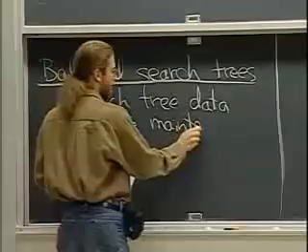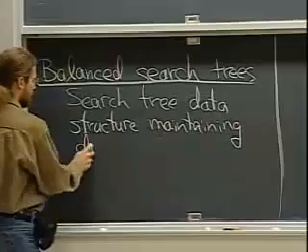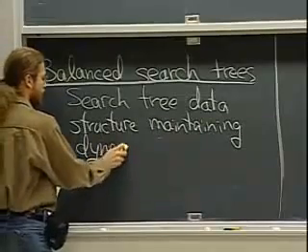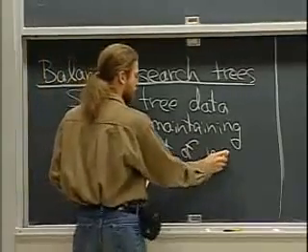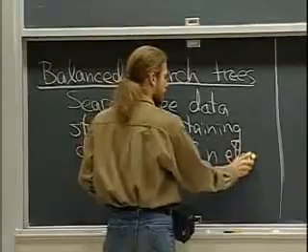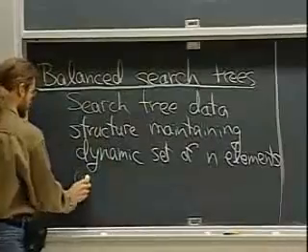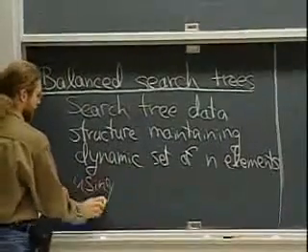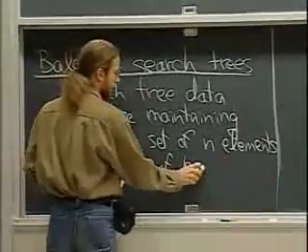We want a data structure that can maintain a dynamic set of n elements in log n time per operation, so let's say using a tree of height order log n.